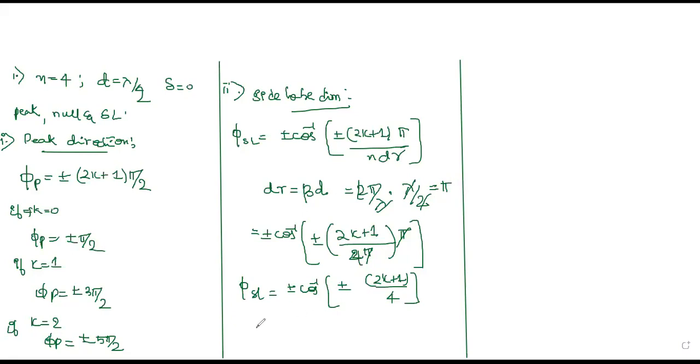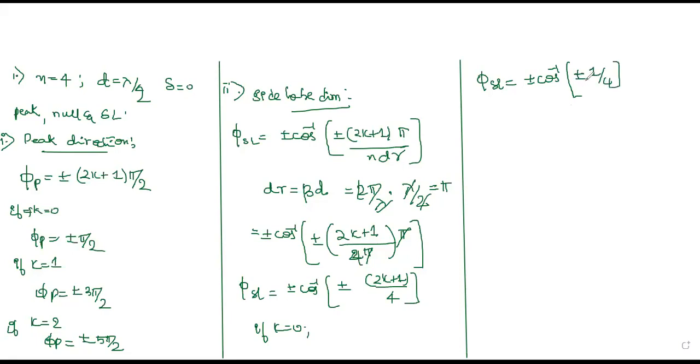Now take the value of k. For example, first value of k, if k is equal to 0, what happens to the equation? Now, if k is equal to 0, your phi SL will be equal to plus or minus cos inverse of plus or minus 2 into 0 plus 1, you will be left with the value 1 by 4.